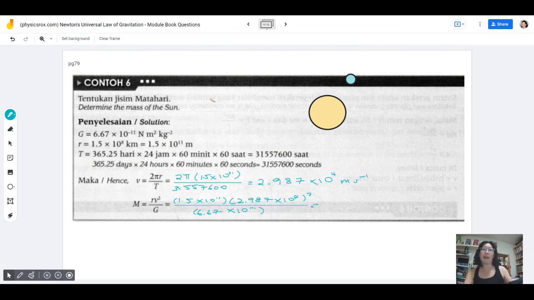Oh shoot, I pressed cancel instead. So let's try that again. This is 11. Goodness gracious. Alright, and the answer you should get is about 2 times 10 to the power of 30 kilograms, which is the mass of the Sun.